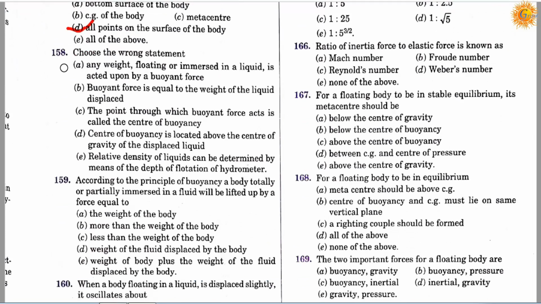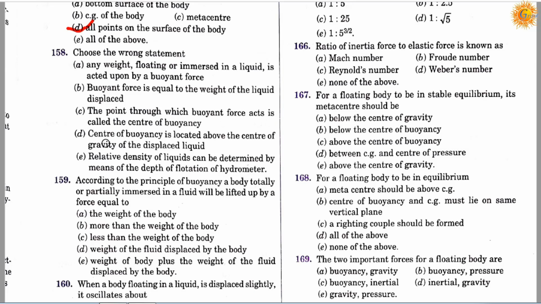Question number 158. Choose the wrong statement. Option A, any weight floating or immersed in a liquid is acted upon by a buoyant force. Option B, buoyant force is equal to the weight of the liquid displaced. Option C, the point through which buoyant force acts is called the center of buoyancy.